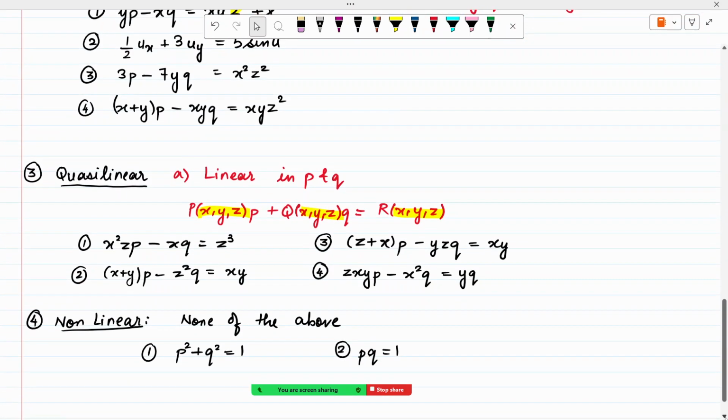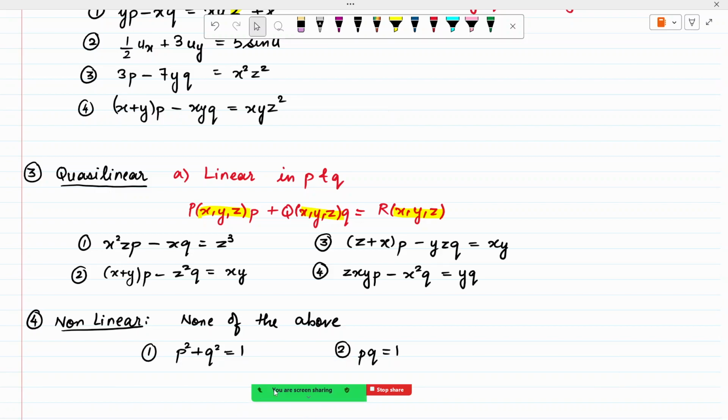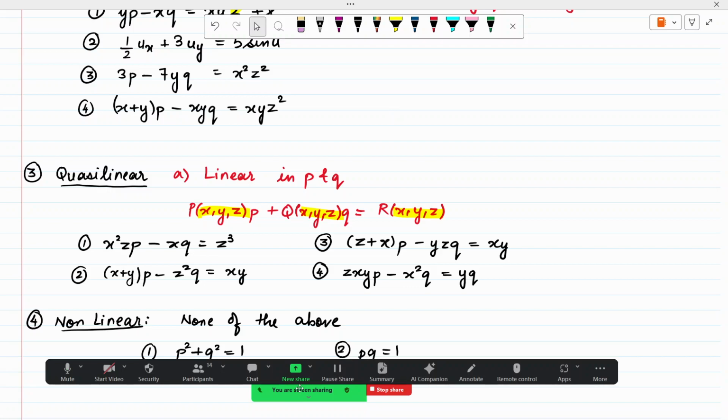So p and q can be non-linear. That's how you have 4 different types of first order PDE with 2 independent variables. Is this clear with everyone? Any doubts in the 4 different types here? Yes, please.